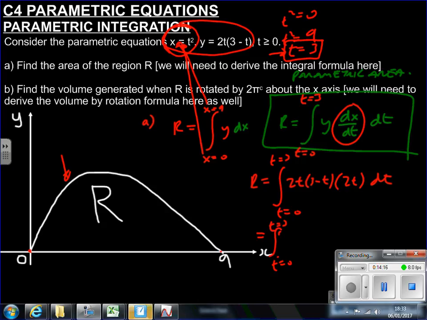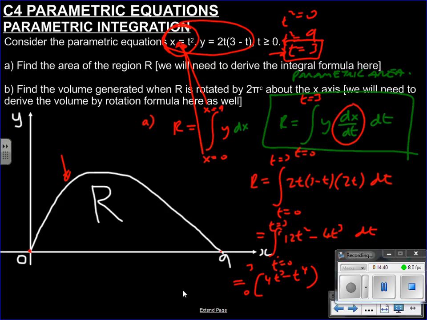So 4t squared times that is 12t squared subtract 4t cubed dt equals, limits 3, 0, plus 1 to the power divided by a new power, so 4t cubed subtract t to the 4. And then just literally going to shove those limits in. And you could use the same answer system as we normally use.